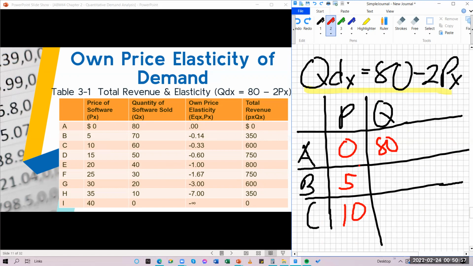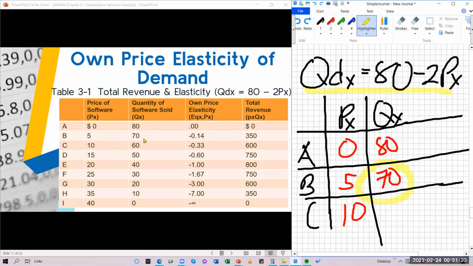Let's solve for the quantity of X. 80 minus 2 times 5: that would be 10, and 80 minus 10, we will have 70. Do you think this is correct with our table?